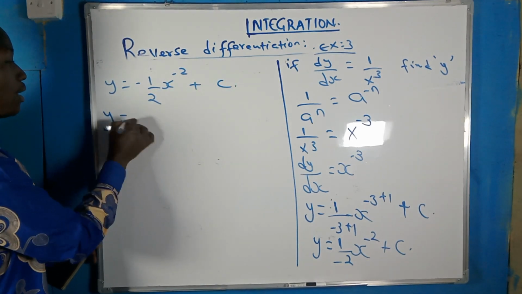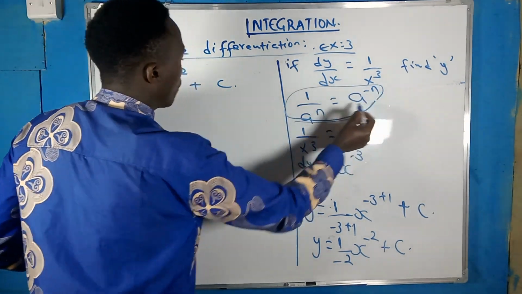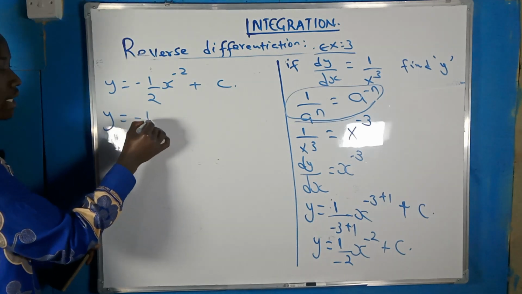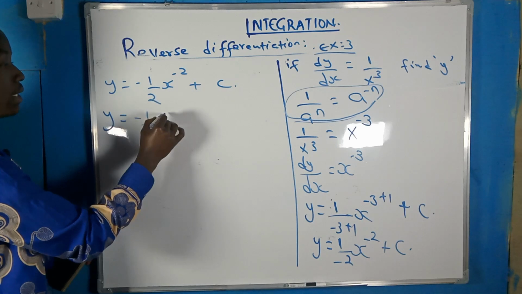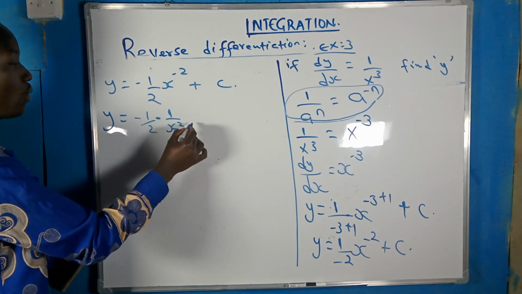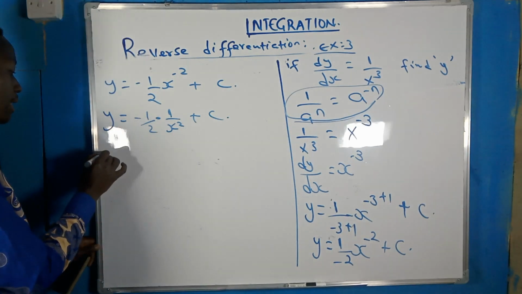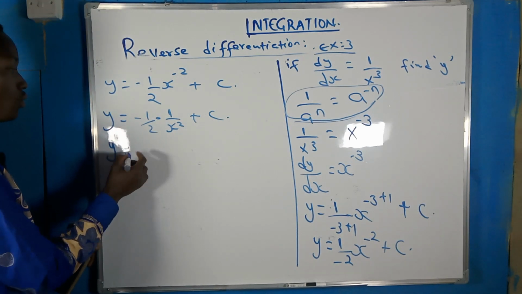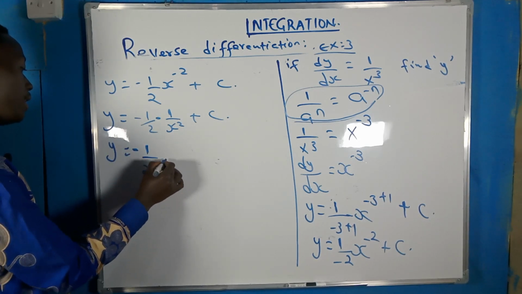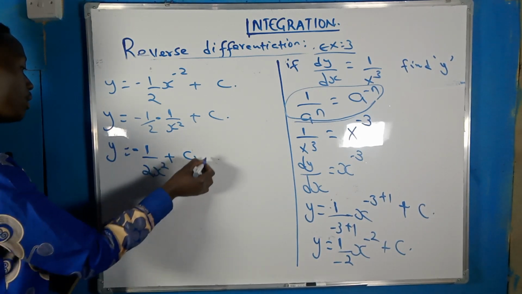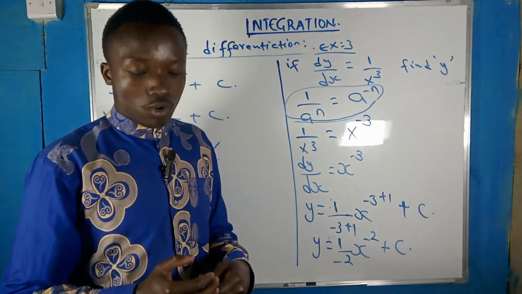Remember that from the rules of indices, we can rewrite this one as negative a half multiplied by 1 over x squared plus c. By having that, we can say y is equal to negative 1 over 2x squared plus c. So that is going to be our integral.